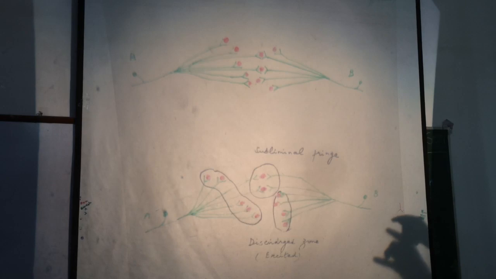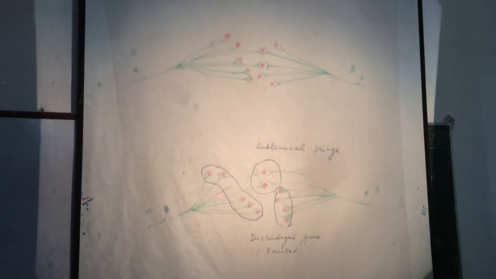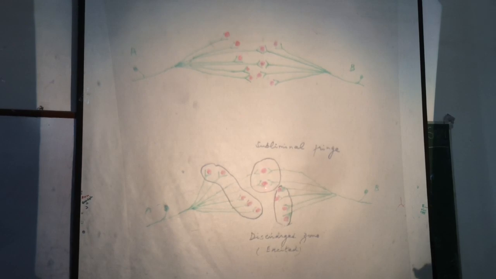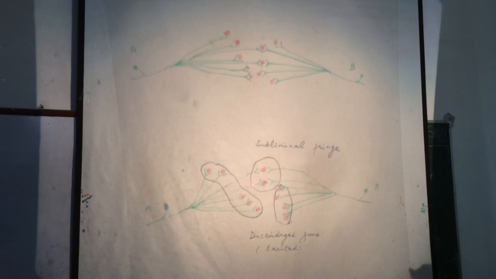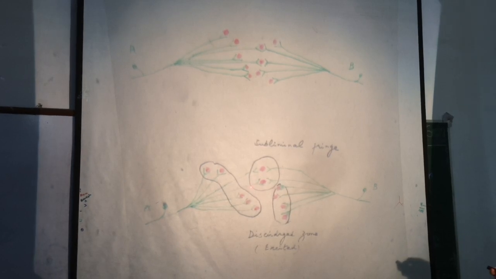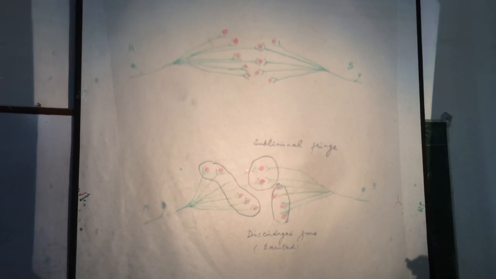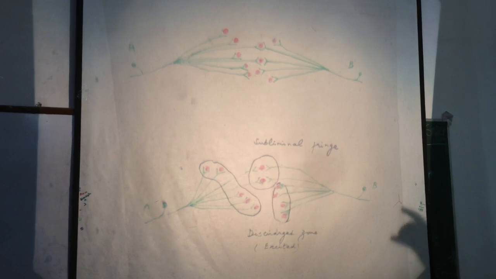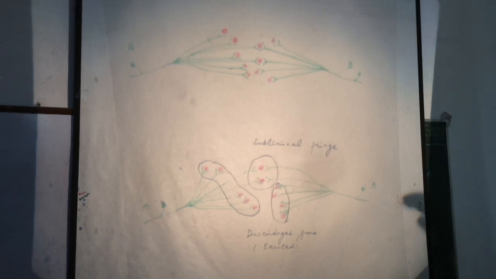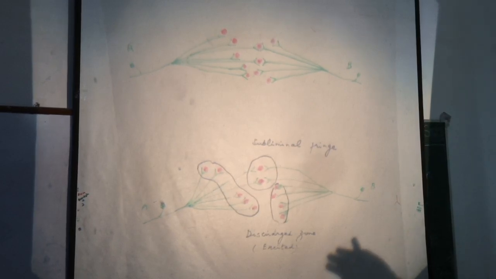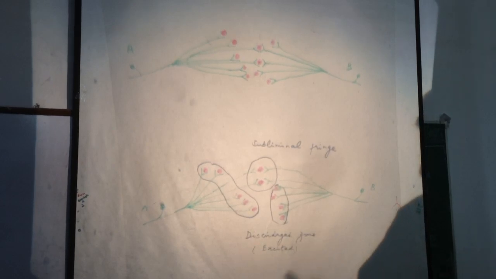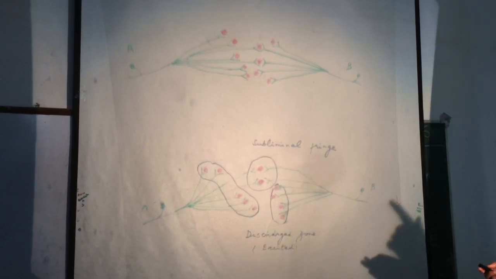When these two efferents are stimulated simultaneously, there will be summation in these two motor neurons, and these will be excited. These neurons were in the subliminal fringe, and because of the simultaneous stimulation through both efferents A and B, there is summation.